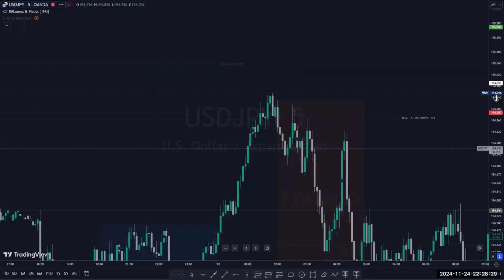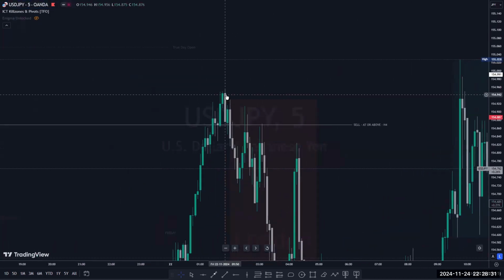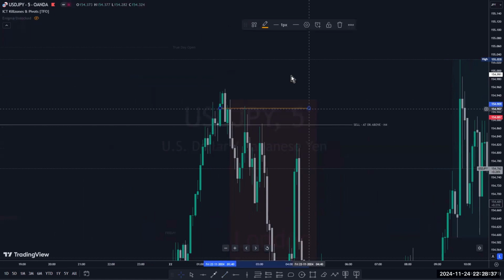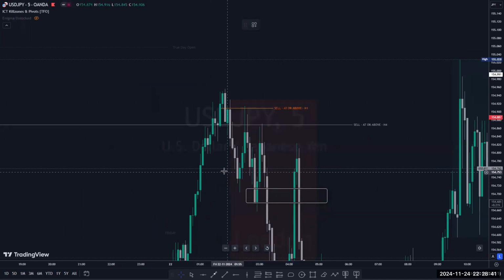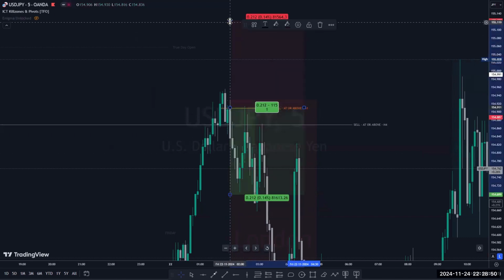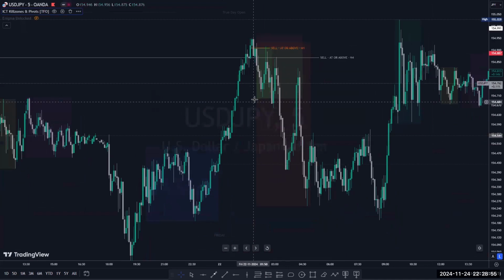And then the first confirmation that we have is that this candle breaks below this low. So this becomes our point of interest to sell at or above. So when the market breaks below the previous low and then reverses above it, we can look for a sell entry and place our stop loss above and track our win.